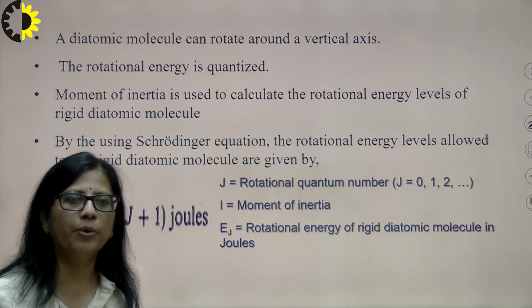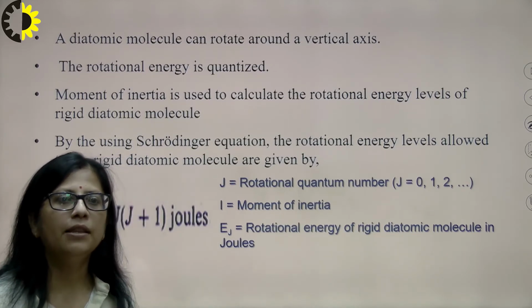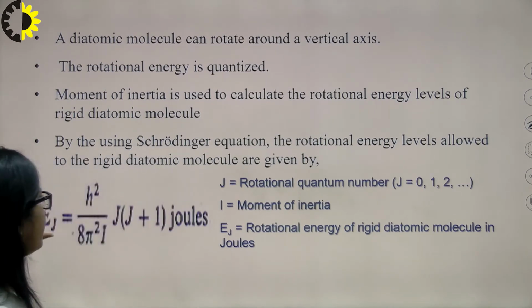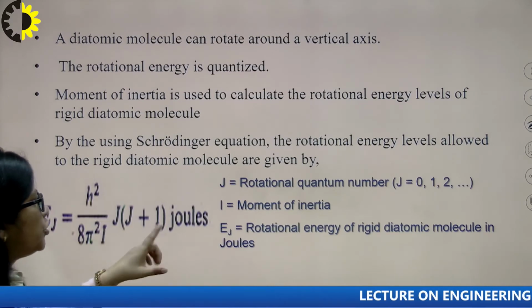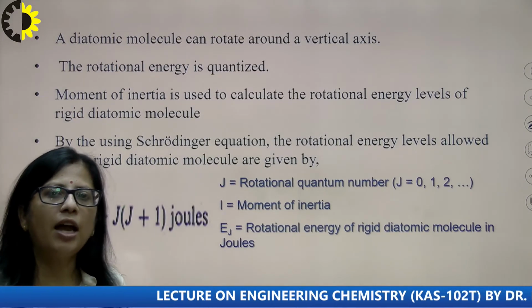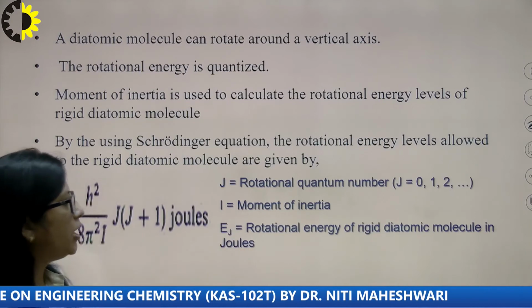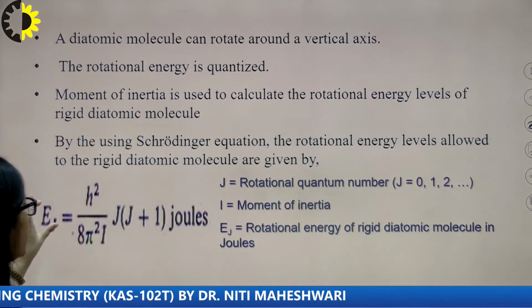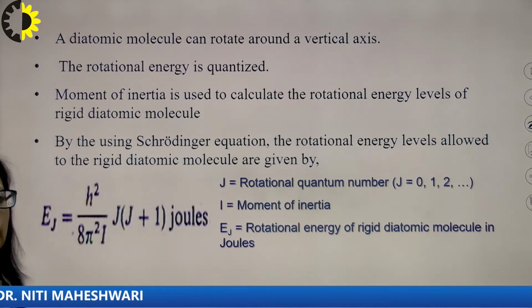By using the Schrodinger equation, the different rotational energy levels allowed to the rigid diatomic molecule are given by Ej, the rotational energy, equal to h square divided by 8 pi square I times J (J plus 1) joules, where J is the rotational quantum number, and it can have the values 0, 1, 2, 3 up to high values, where I is the moment of inertia, and Ej is the rotational energy of the rigid diatomic molecule in joules.